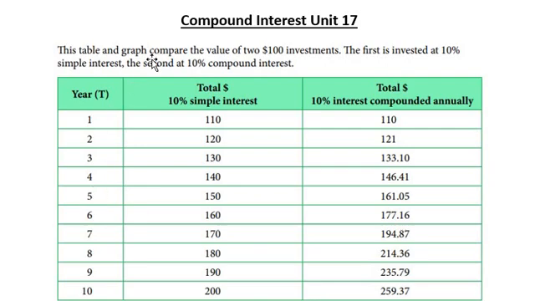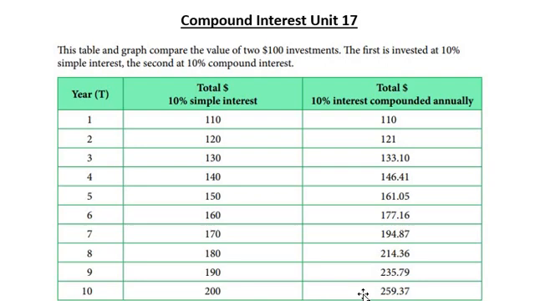This is a table and graph that compare two investments of 100 pesos. The first is invested at 10% simple interest and the second at 10% compound interest. The first year you have 110 pesos. They have the same. The second year you have 120, and 121 for the compound annually. So at the end, with the simple interest, after 10 years, you have 200 pesos.